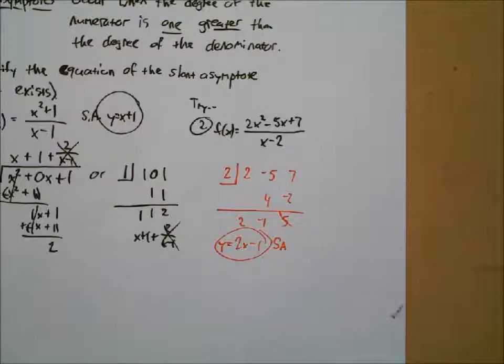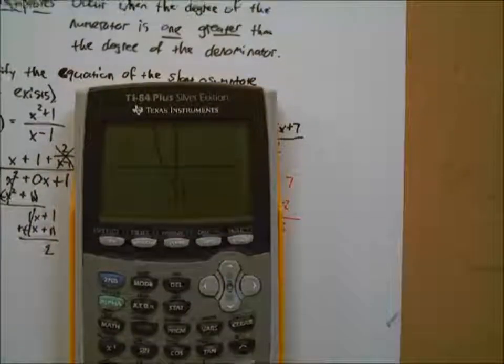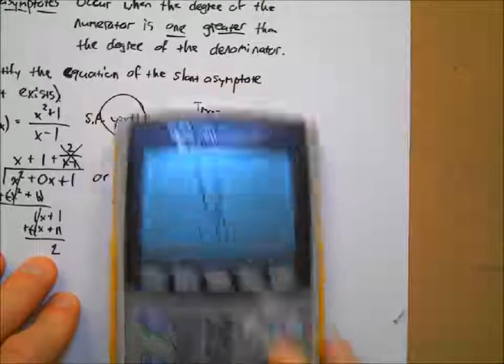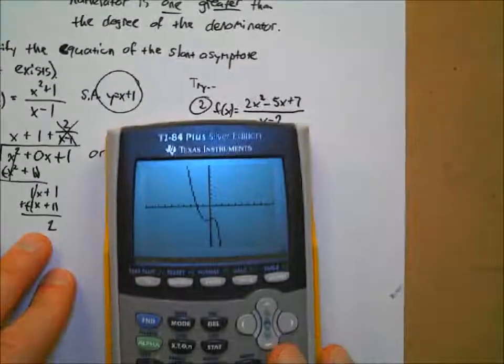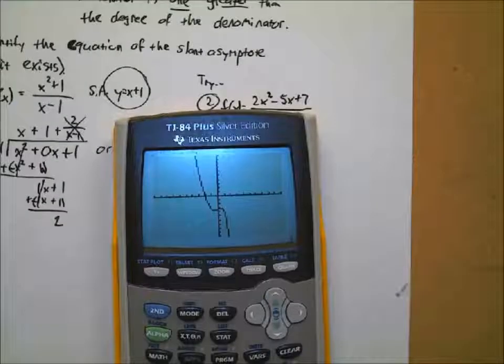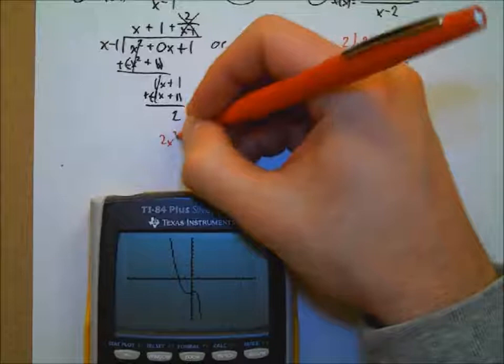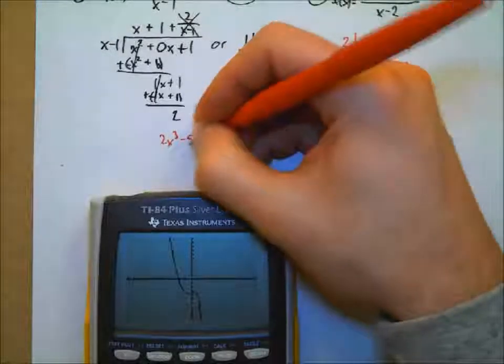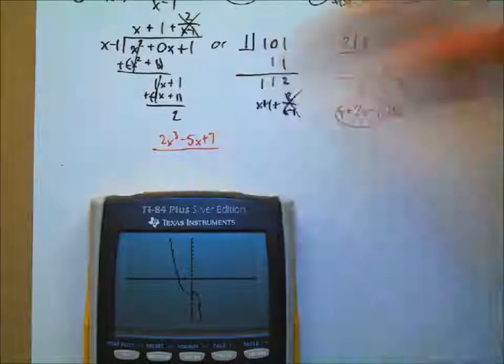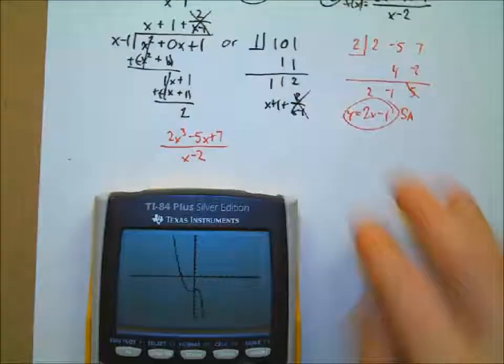Interesting. Okay, so here's what the graph of that would look like, if we made that 2x to the third. Let me just write that down here. So looking at 2x to the third minus 5x plus 7 over x minus 2.